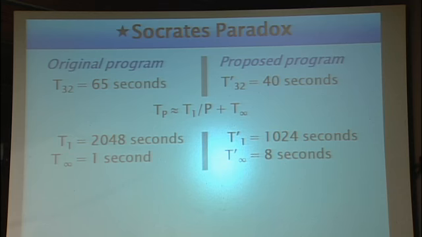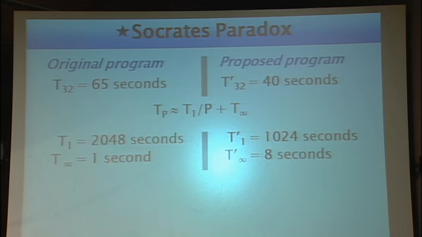Chess, it turns out, is a non-deterministic type of program where you use speculative parallelism, so in order to get more parallelism, you can sacrifice and do more work versus less work. The program we improved it to had less work on the benchmark, but it had a longer span.